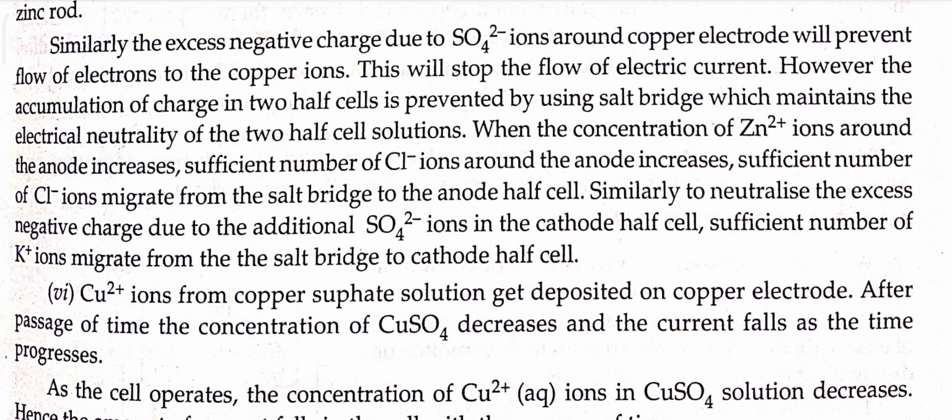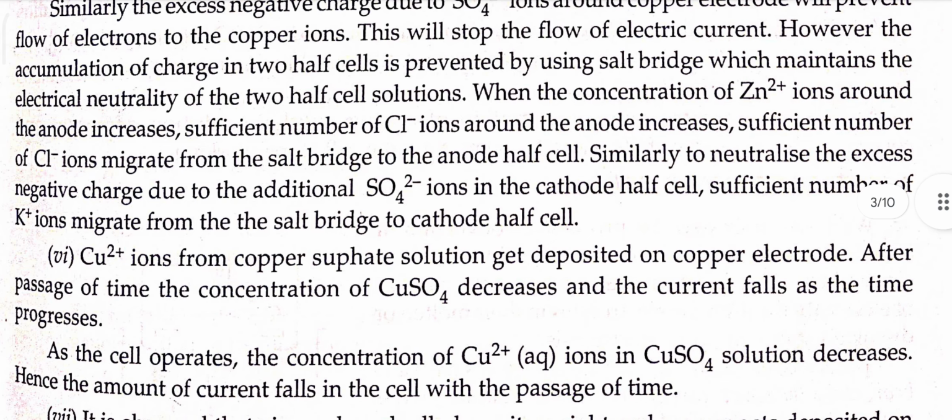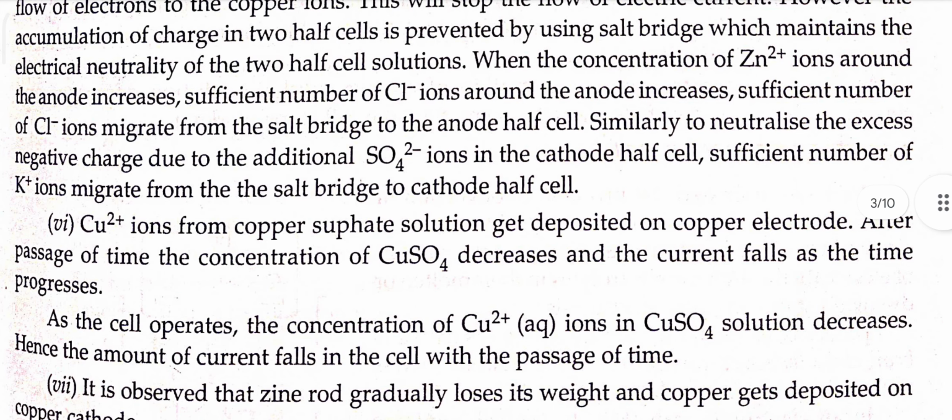However, the accumulation of charge in the two half cells is prevented by using a salt bridge, which maintains the electrical neutrality of the two half cell solutions. When the concentration of Zn2+ ions around the anode increases, a sufficient number of Cl- ions migrate from the salt bridge to the anode half cell.